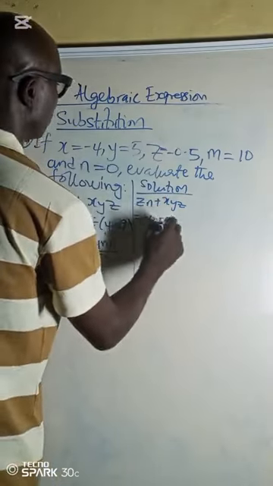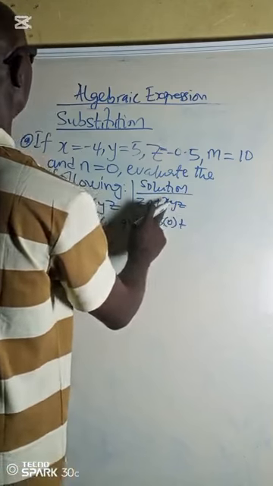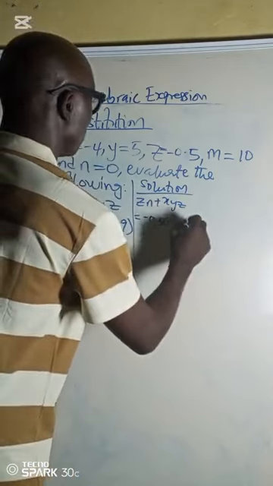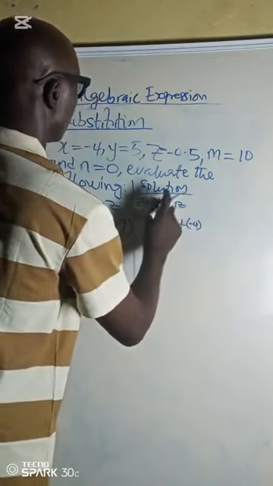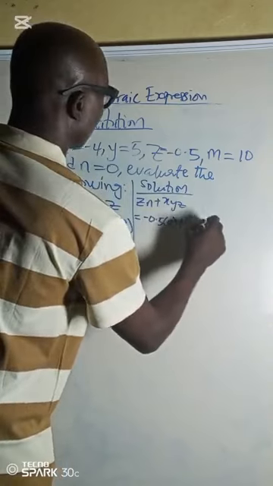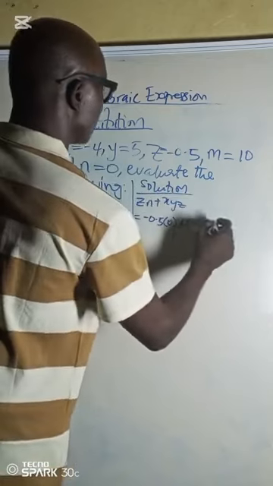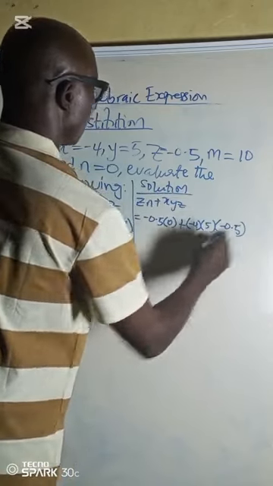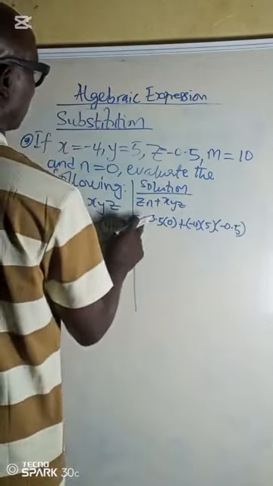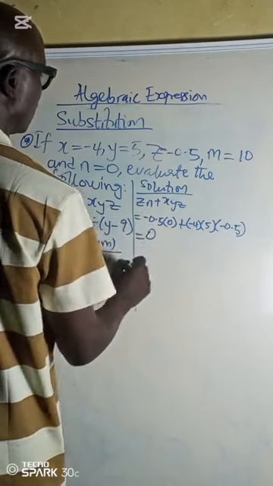Our n is 0, okay? Plus x. What is x? Minus 4. Y is 5. Y z is minus 0.5. Okay? Minus 0.5 multiplied by 0 gives 0.